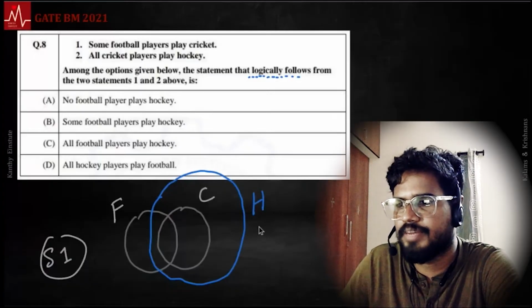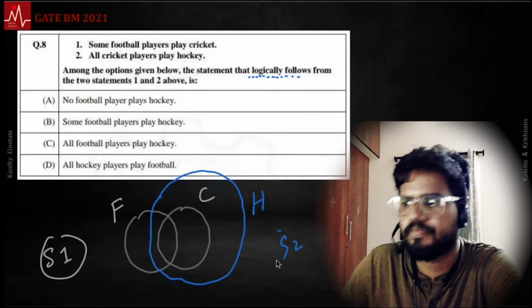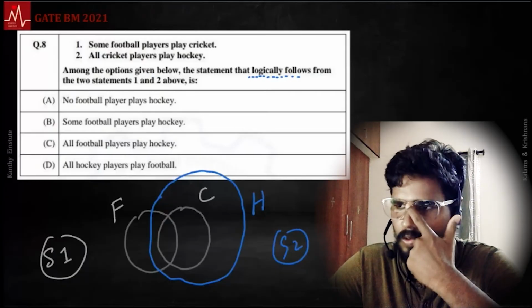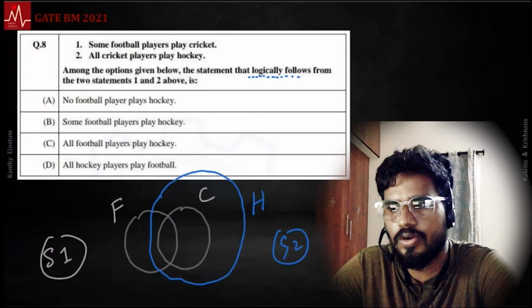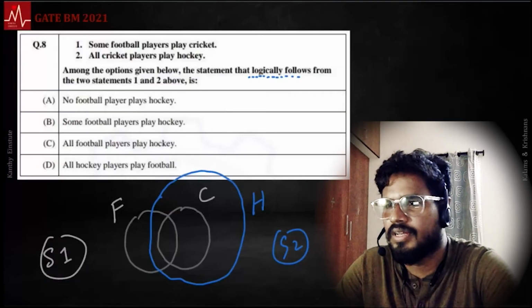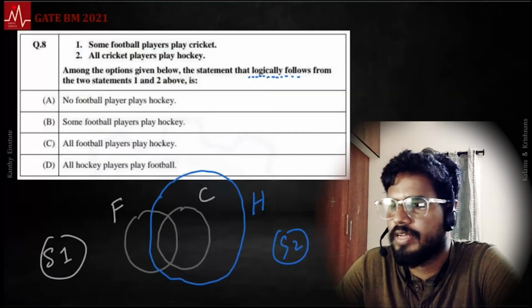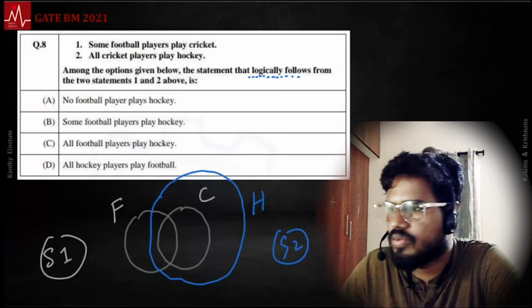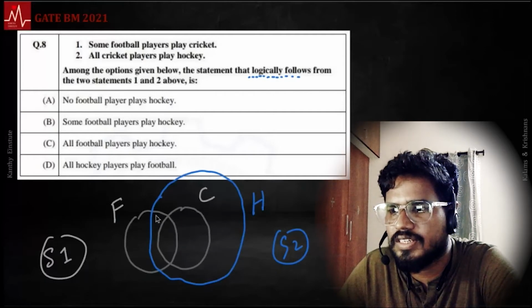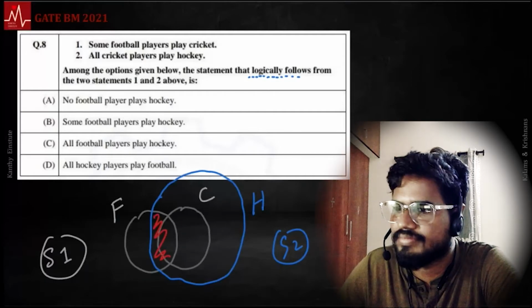That is my statement two. Among the options given, the statement logically follows from the two statements one and two. So it has to follow from both one and two. So I kind of gave it together. Fine. No football player plays hockey. No, no, no, no, no. This football player is intersecting with hockey. That reason. Out.